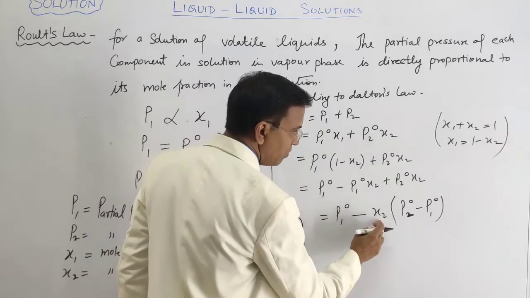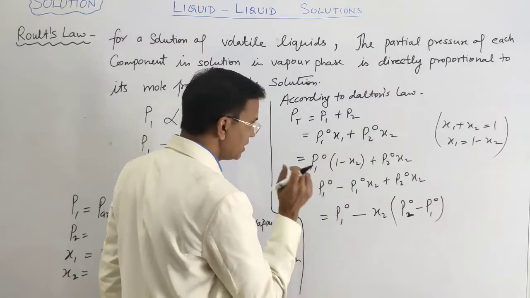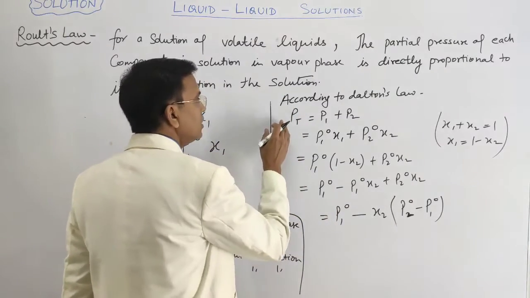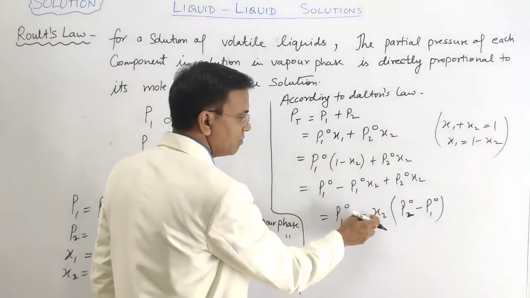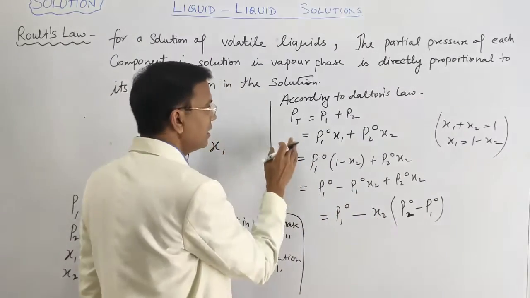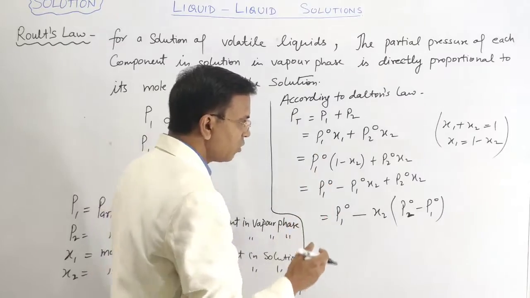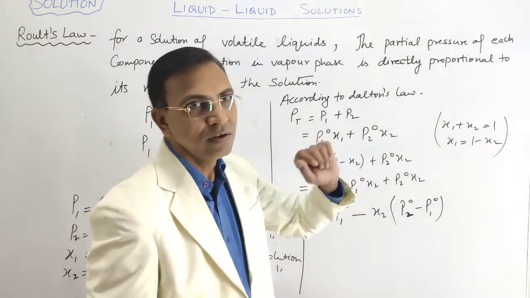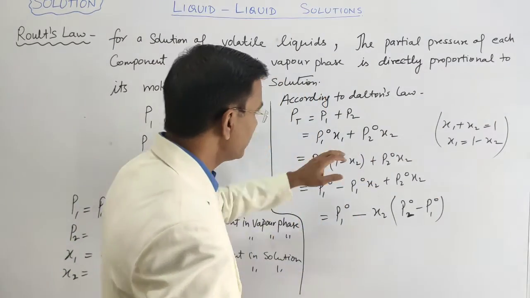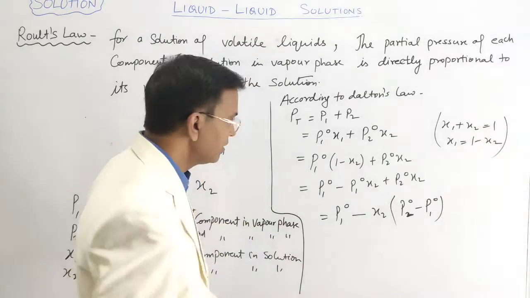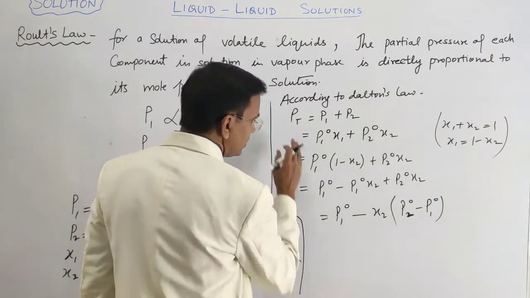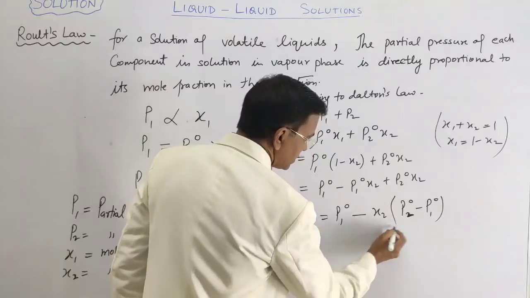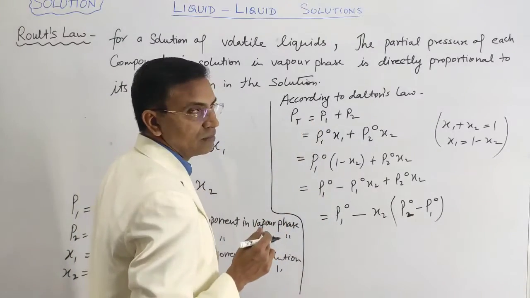Here y is equal to mx plus c. So it varies linearly with mole fraction of the second component, or it may vary with mole fraction of the first component if you replace the mole fraction of the second with mole fraction of the first, right?